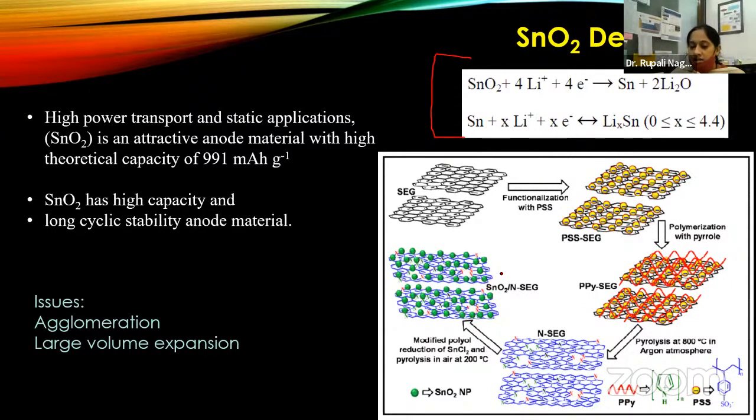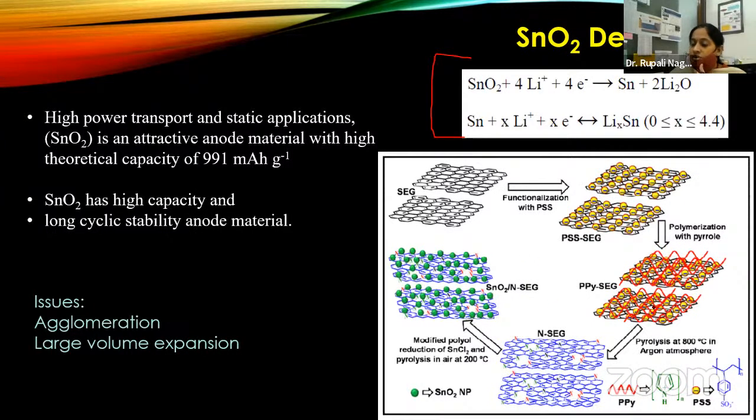Once you have sulfonated these sheets, you add pyrrole and do the polymerization with polypyrrole. The PSS has negative charge and the polypyrrole has positive charge, so it links perfectly well, because you have strengthened the electrostatic interaction between the two polymers, the PSS and the PPY.